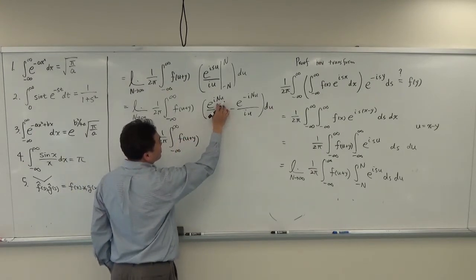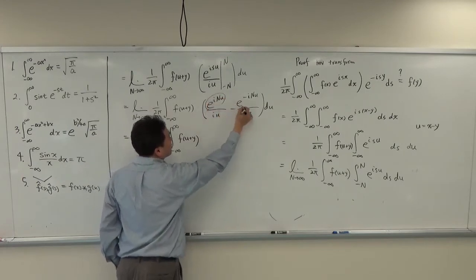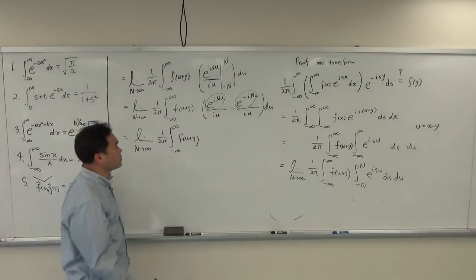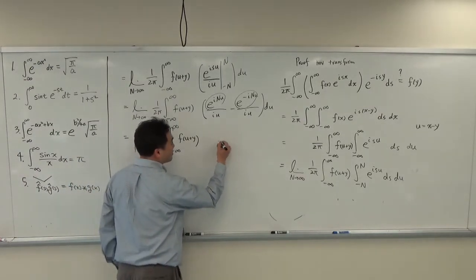So according to the Euler identity, what is this minus this? What does that give you? See, the bottom is the same.